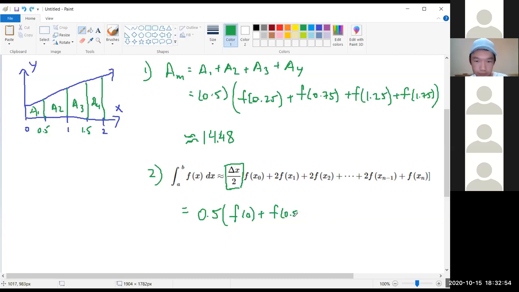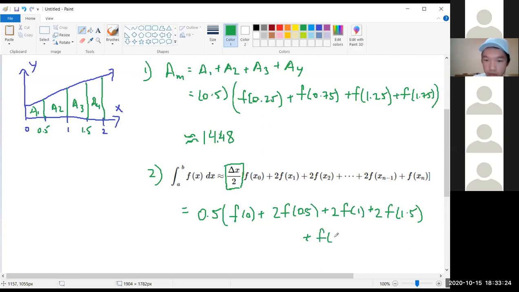Hold on. Remember that all the middle terms have a 2 in front of them. So 2f of 0.5 plus 2f of 1 plus 2f of 1.5 plus, this is the last term, so we don't need a 2 anymore, f of 2.